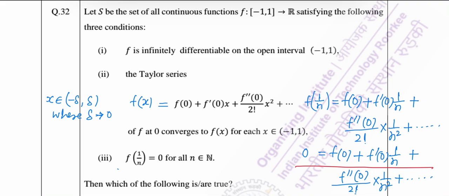So if you tend n to infinity, then you will have 0 equals to f(0), and thereafter all the terms will be 0. So what we got is f(0) equals to 0.